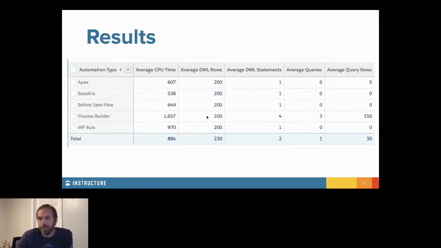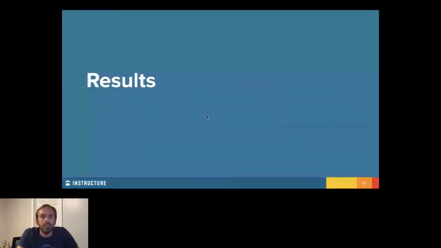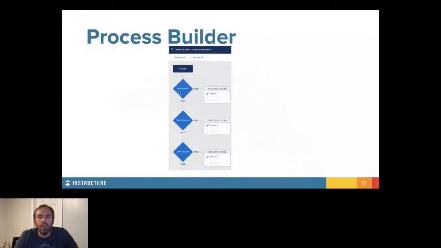What I found was that anytime you are doing an update, let me go back to that Process Builder real quick. On this, you'll notice we have an update, and for each of these updates, because these are buried under each of these nodes, we have 3 updates.